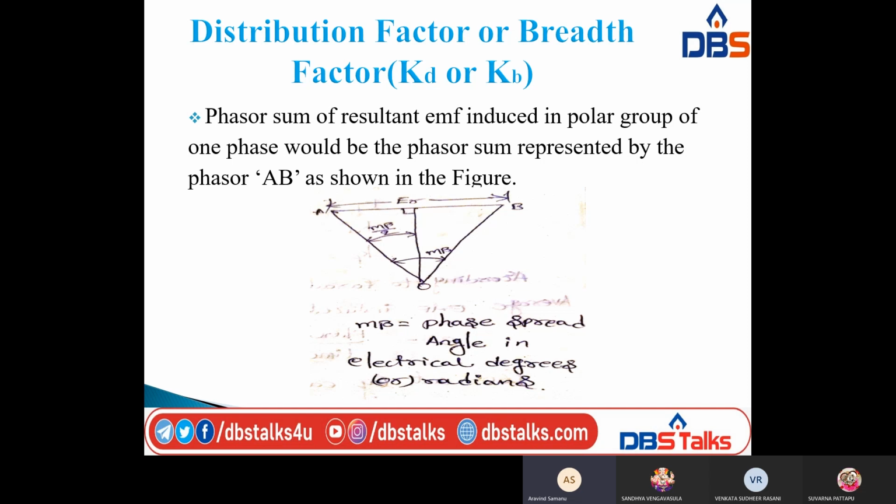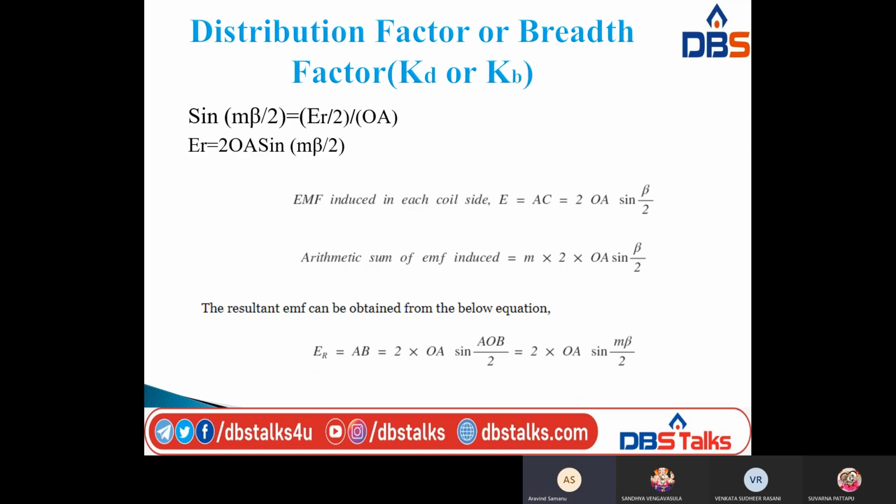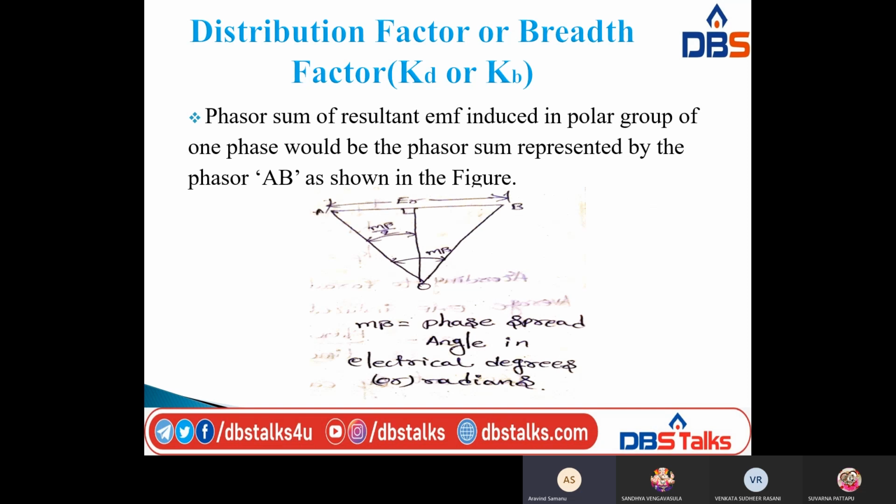So as shown in the figure, M beta is the phase spread angle in electrical degrees or radians. Next, from this I am writing sin beta by 2 is equal to, same as AC by 2 by OA, here AB by 2 by OA.